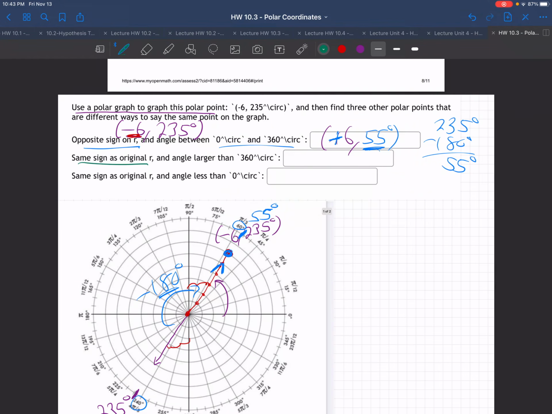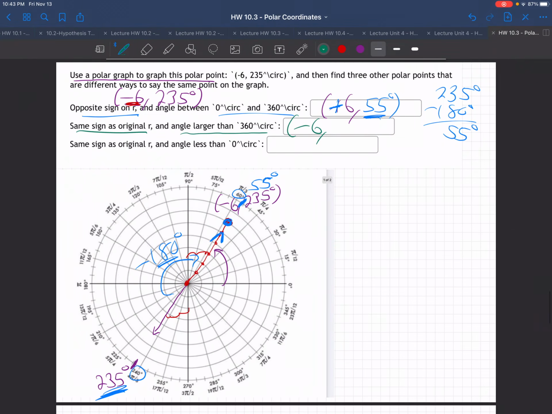Same sign as the original R, so we're going to stick with the backfire, the -6, the original R. But this time we want an angle larger than 360. Well, that's pretty easy. We just take the 235 original angle they gave us, and we just add 360, right? Because if we were facing 235 before, facing this direction before, and we add 360, we go all the way around, we're going to still be facing the same direction, and a backfire of 6 will still land the cannonball at the same spot.